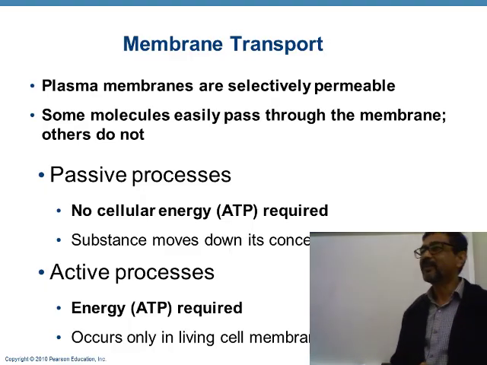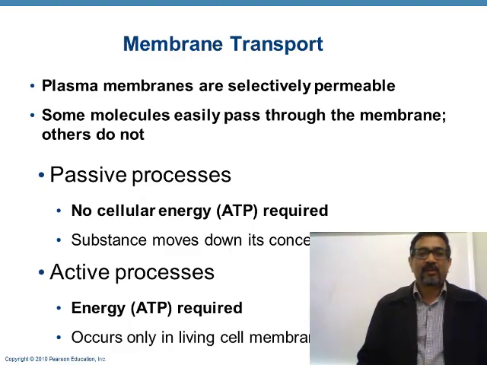Okay, so those are three types of intercellular joinings or junctions: tight junctions, desmosomes and gap junctions. Okay, now transport across the cell membrane.